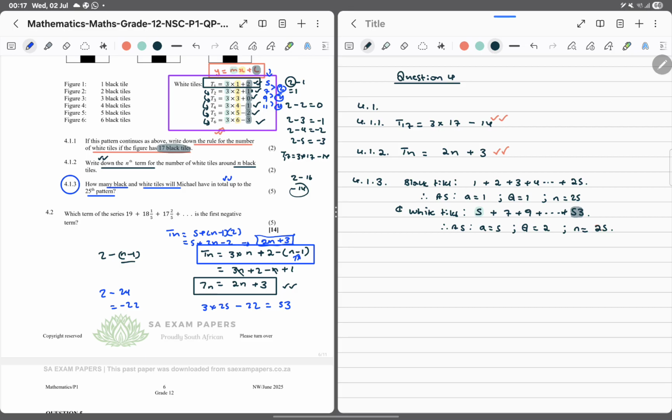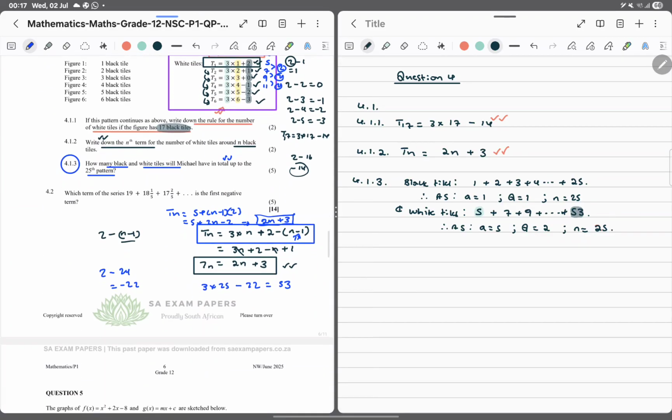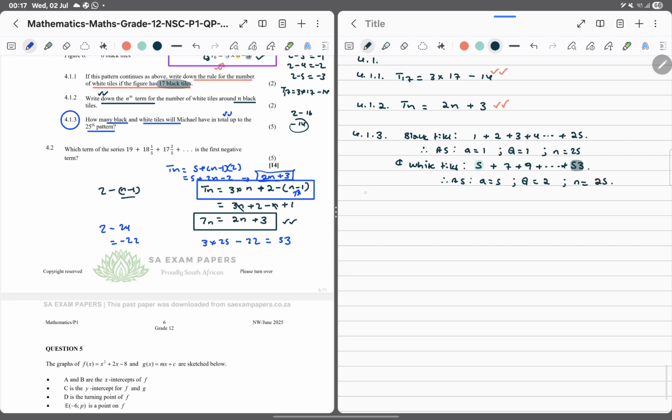So what are we saying here? We want the sum total of these tiles. So this is again similar to the question we just did here, but this time we're adding everything. Okay, so we can say, well, the sum total here is going to be n over 2 into a plus l, plus n over 2 into a plus l, okay?